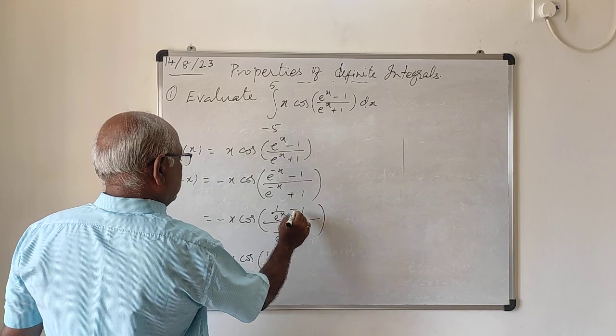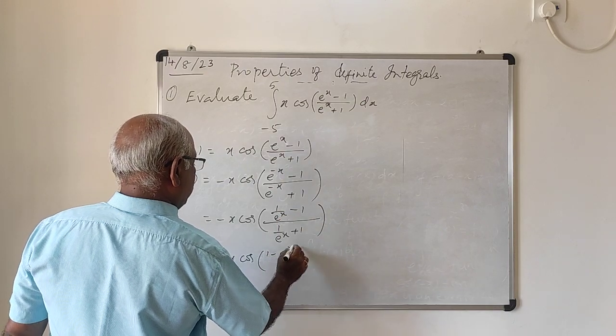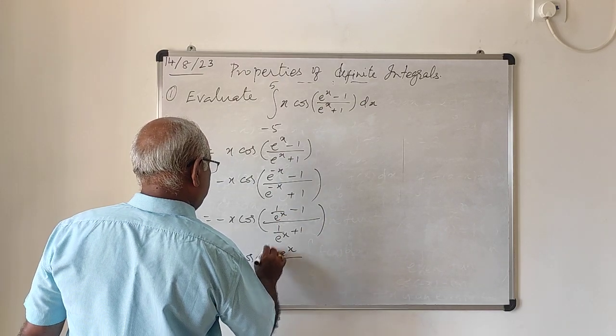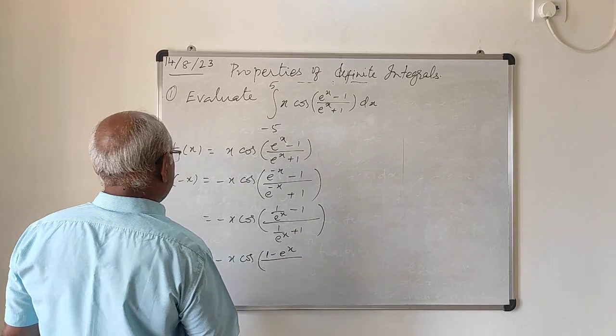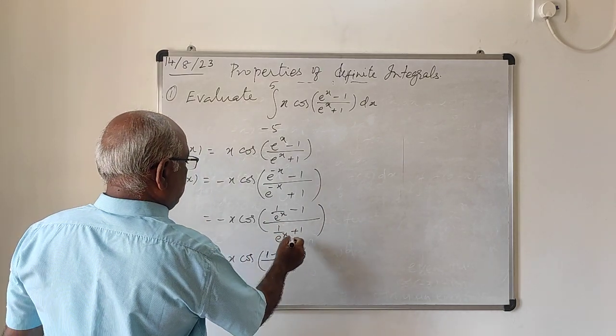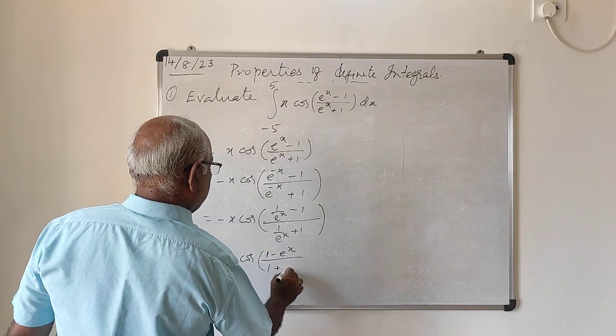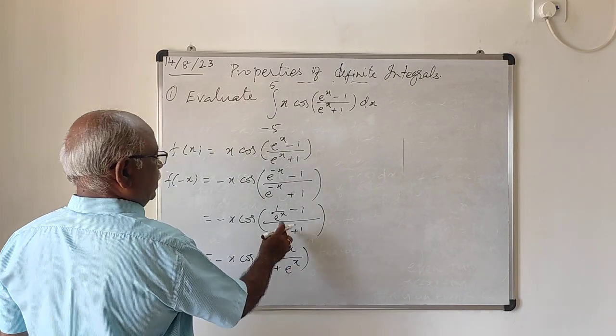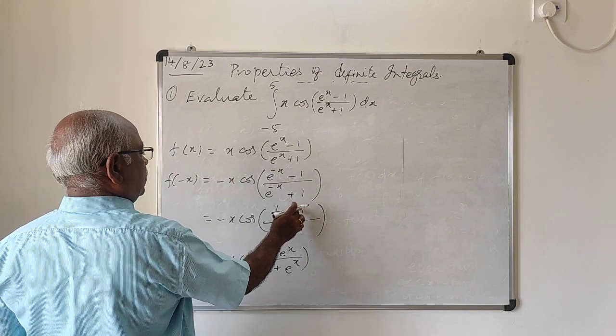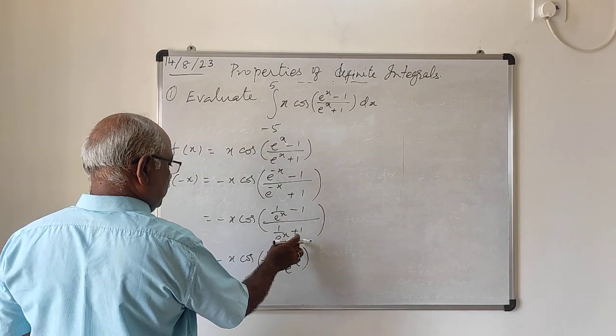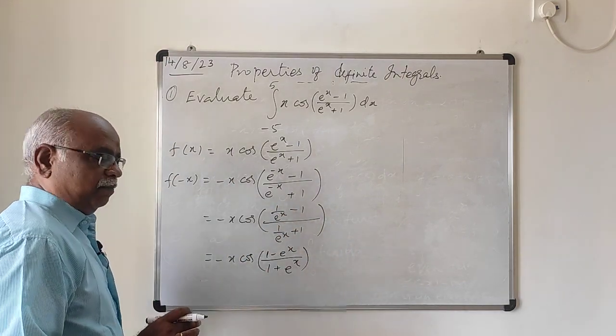Taking LCM as e power x, we get (1 minus e power x)/(1 plus e power x), as the e power x in the denominators cancels.